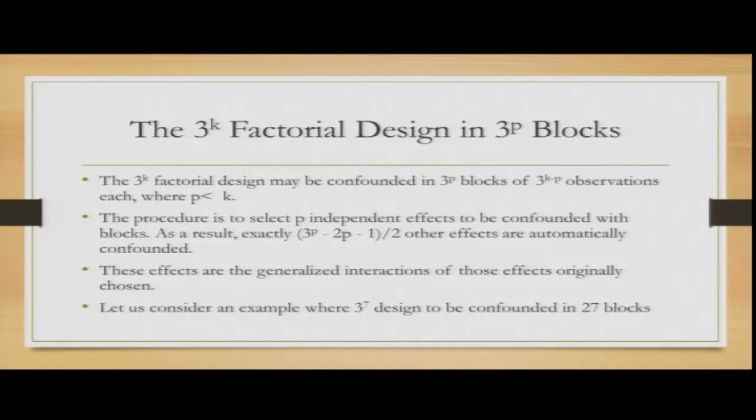The 3^k factorial design in 3^p blocks. Here p is less than k, and you will do your block design depending on the variables accordingly, such that you have the minimum number of blocks to get the ANOVA output to the maximum possible level.